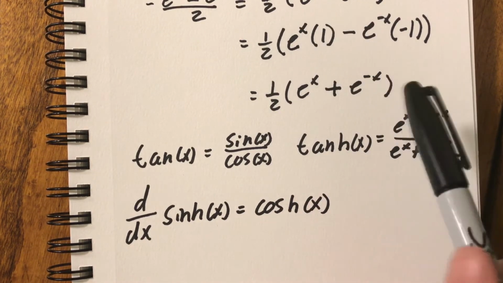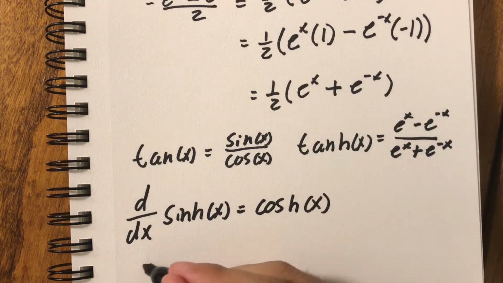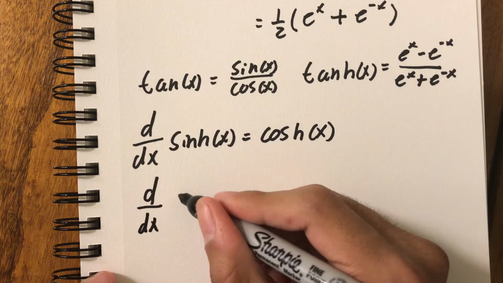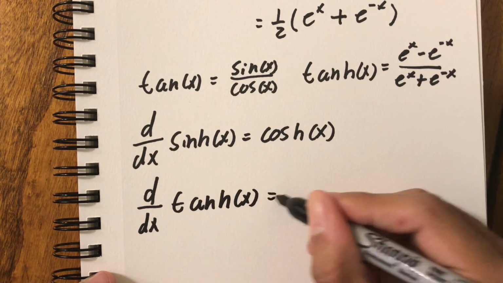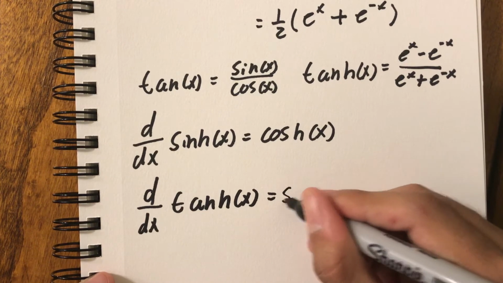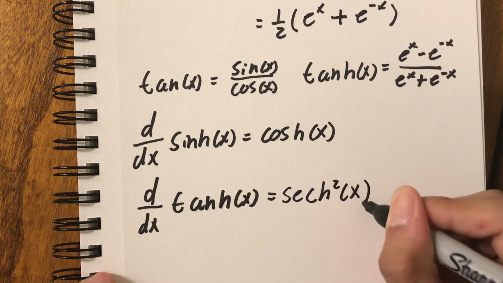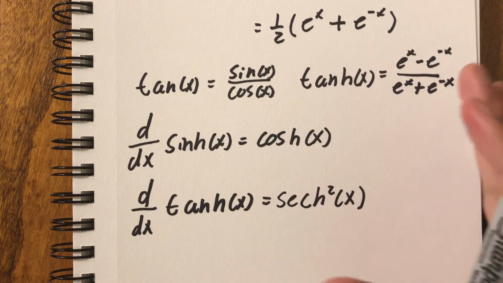So you guessed it, the derivative of hyperbolic tangent is equal to hyperbolic secant squared. And this is really good for us because you don't have to memorize any more derivatives or integrals.